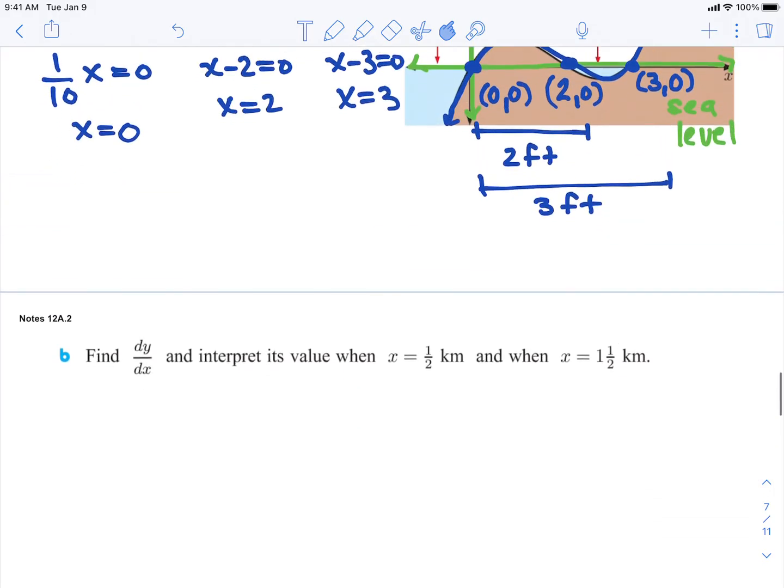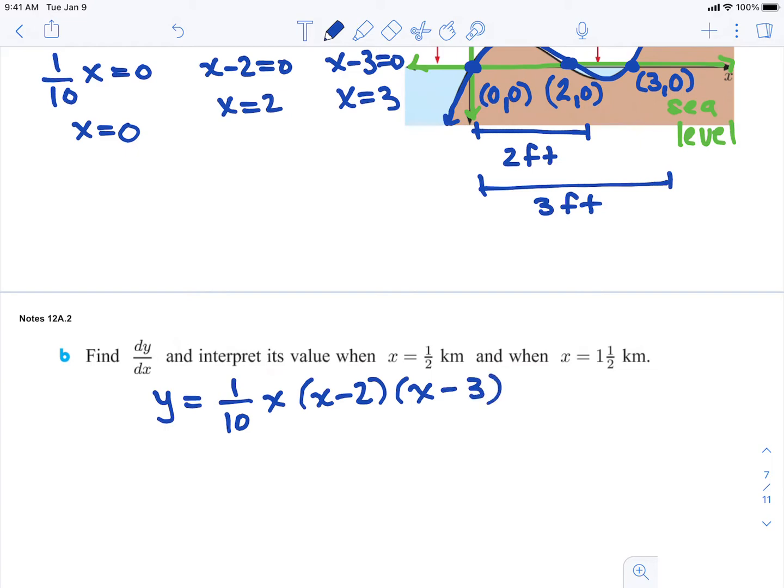All right. Part B says find the derivative function and interpret it when x equals 1/2 kilometer and x equals 1 1/2 kilometers. So what we have to do is take that equation and convert it to standard form.